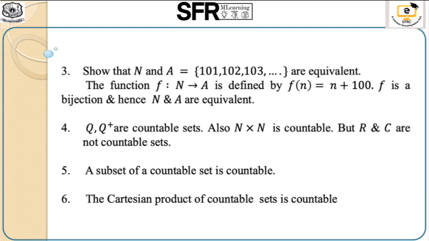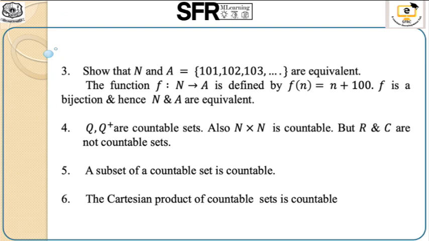You can take any subset, that means 1, 2, 3, it is a subset of Z. Name the set as A. A is a subset of Z, A having the elements 1, 2, 3. Z is a countable set, you take a subset and you define a map between them. Then you can easily say that a subset of a countable set is countable.